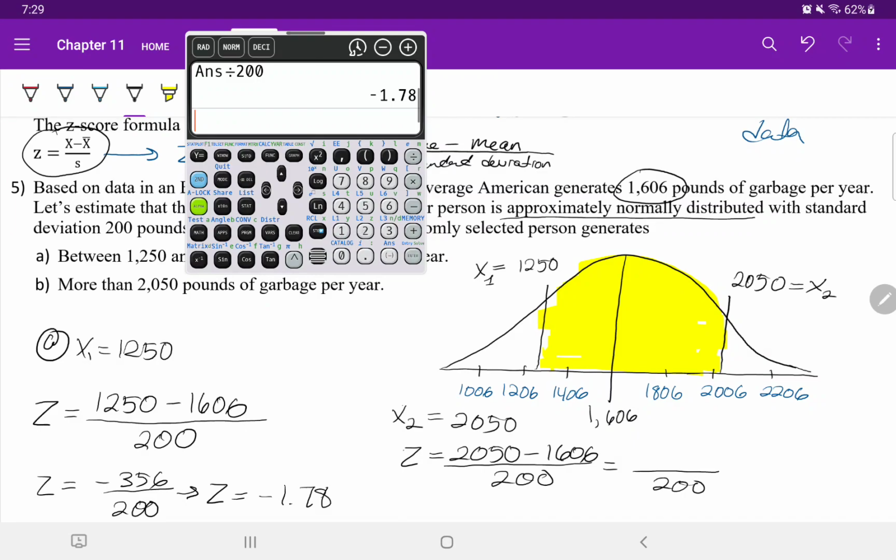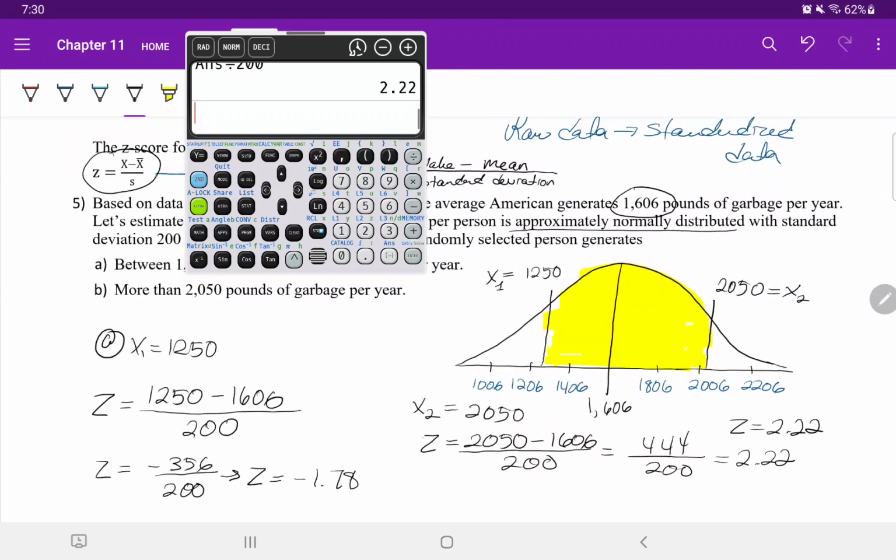So that's 2,050 minus 1,606, which equals 444. Let's divide that by 200. And we get 2.22. So we have a z-score of 2.22.